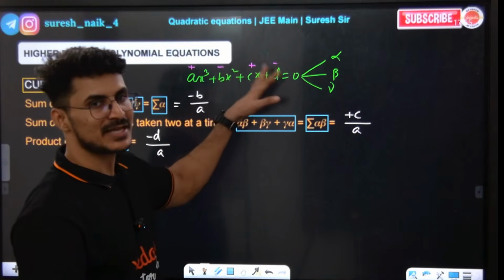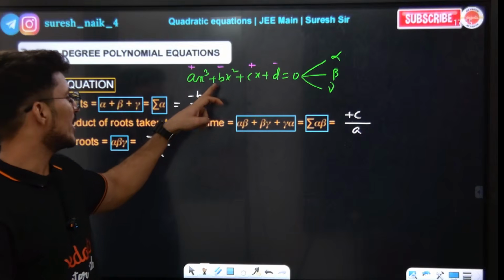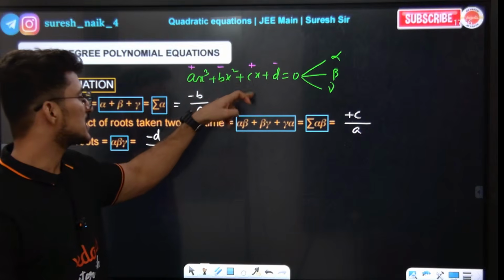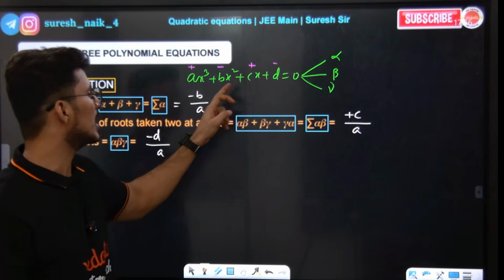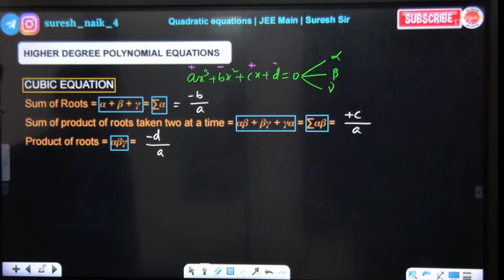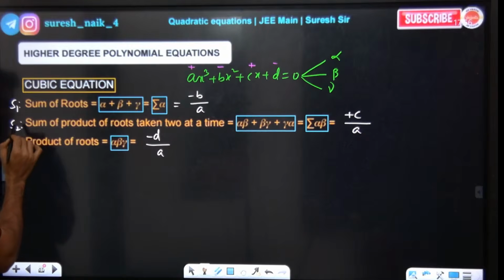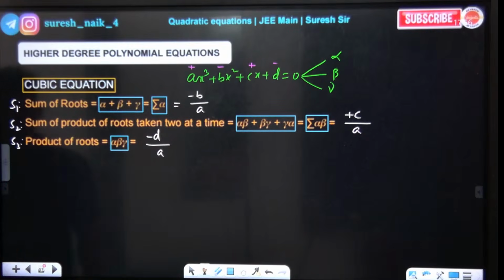Plus, minus, plus, minus, with a common in every denominator. Yes or no? This is the concept; we call these S1, S2 and S3.